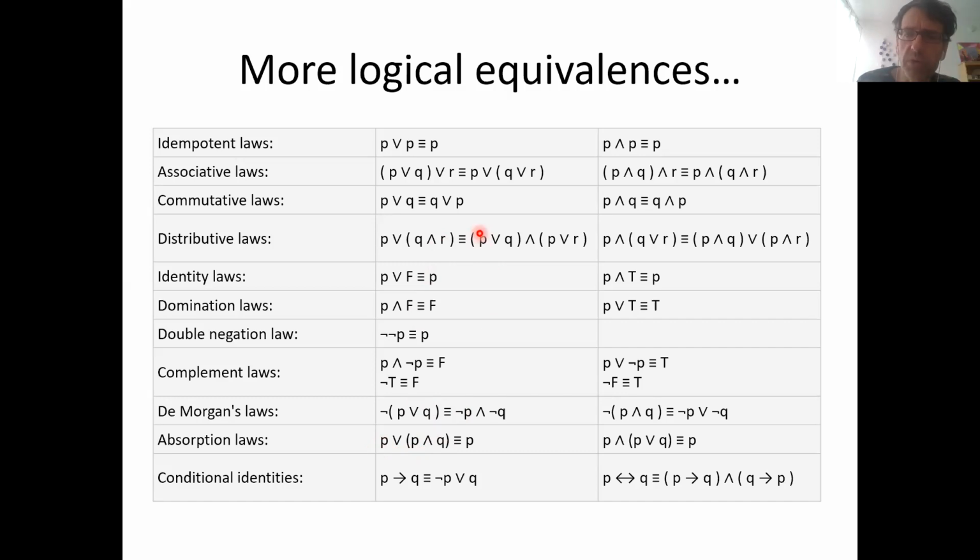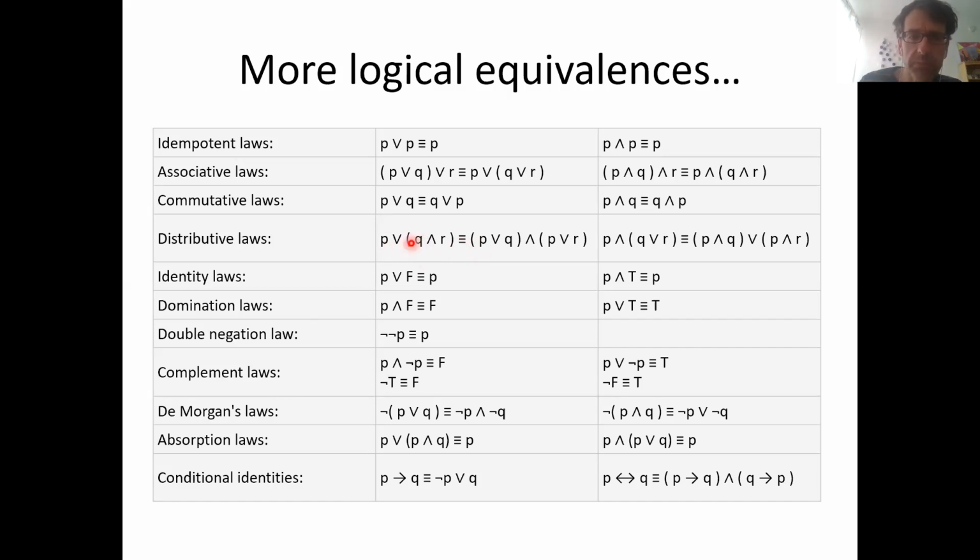You are not responsible for remembering their names, except De Morgan, okay? And except that you should be familiar basically with all of them. You should be able to state them. You are not responsible to remember absorption and distributive laws, okay? It's nice if you do, but you don't have to remember them. You can rewrite them. All the others should be part of your bloodstream.